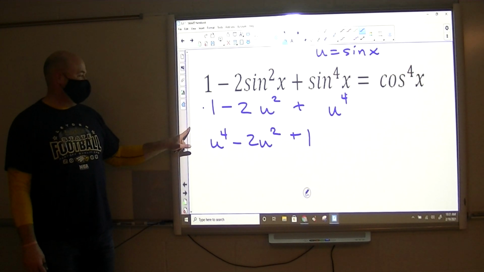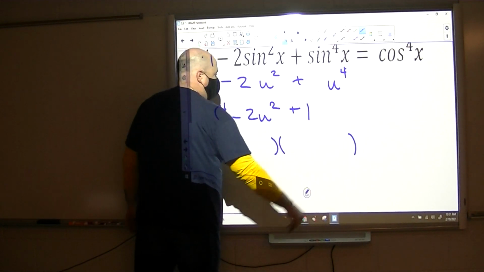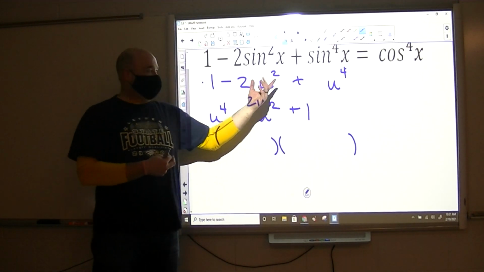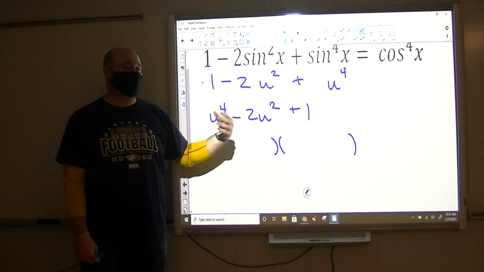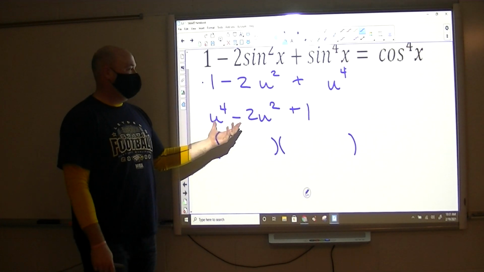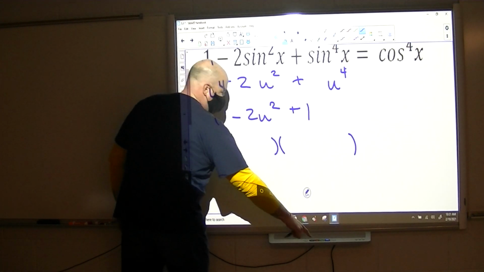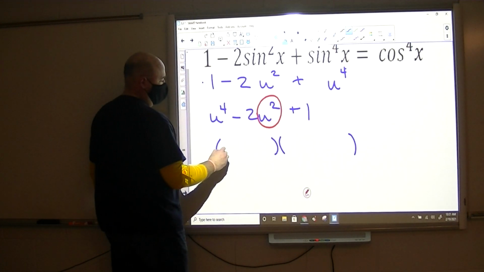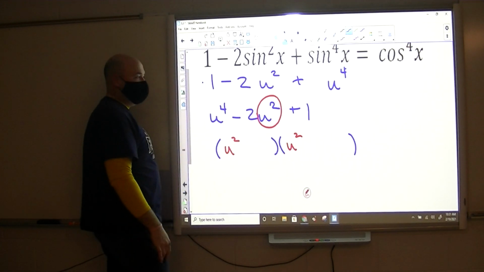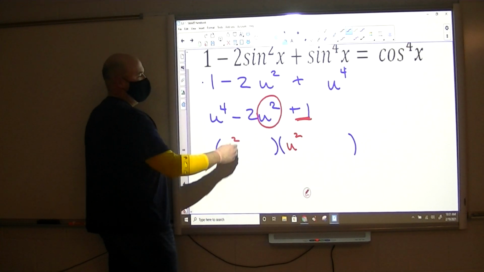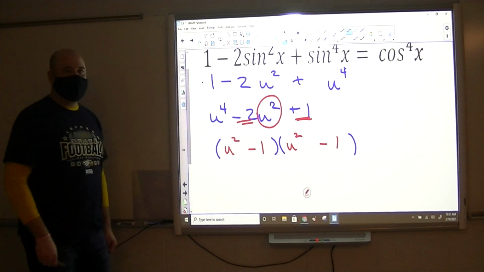So I can factor this into binomials. And I realize I've kind of shifted into this single variable idea, but if it helps to visualize it like this, at least in the beginning, let's stay with it. So remember that whatever this is, the variable goes here. U squared times u squared is u to the fourth. Two numbers that multiply to be positive 1 and add to be negative 2 are negative 1 and negative 1.